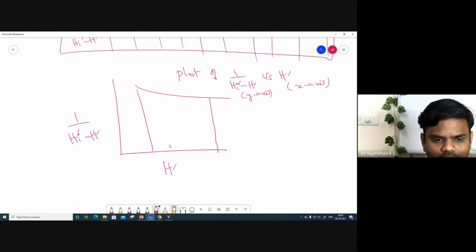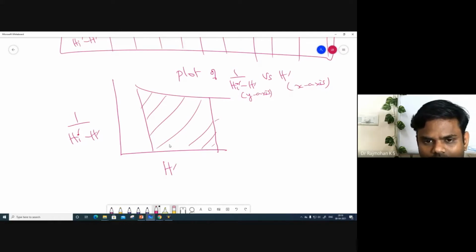If we plot this, we will get a graph like this. The area under this curve between H1 dash and H2 dash is equal to NTOG. So how do we get the area under the curve between H1 dash and H2 dash?